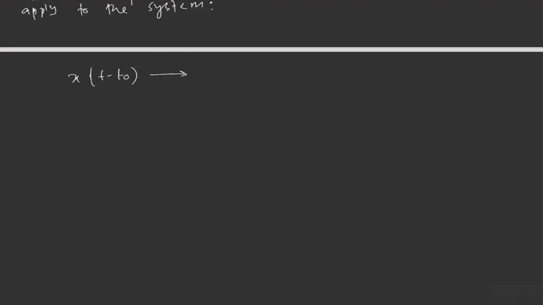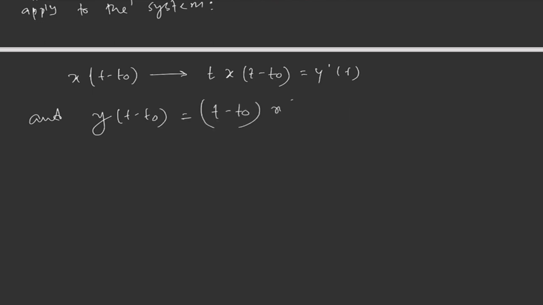From this we can write T[x(t - t0)] or y dash(t), and y(t - t0). From this I can write T(t - t0) x(t - t0).